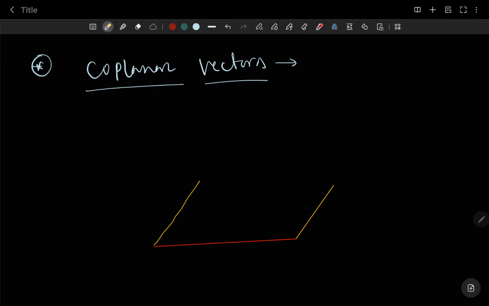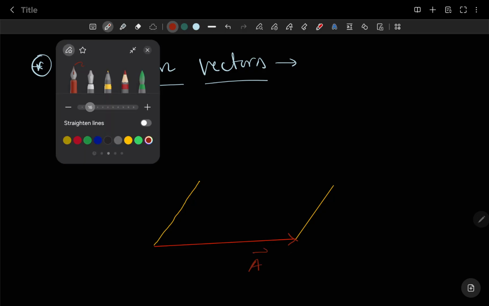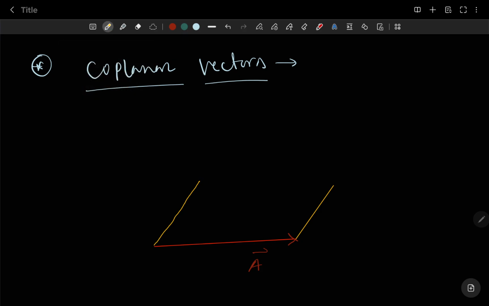Fine. So let this vector be A, this one is B. If this is B, this is B parallel, and this one will be A. If this is A, this is also A.